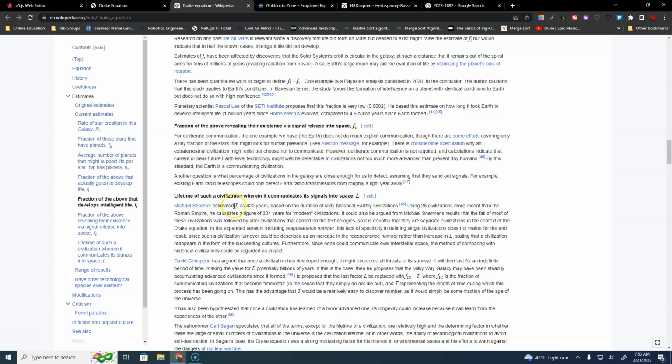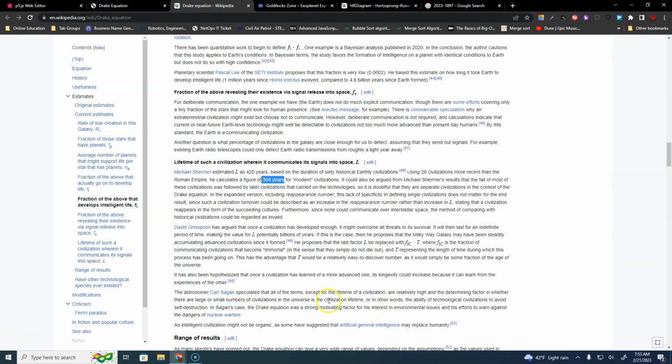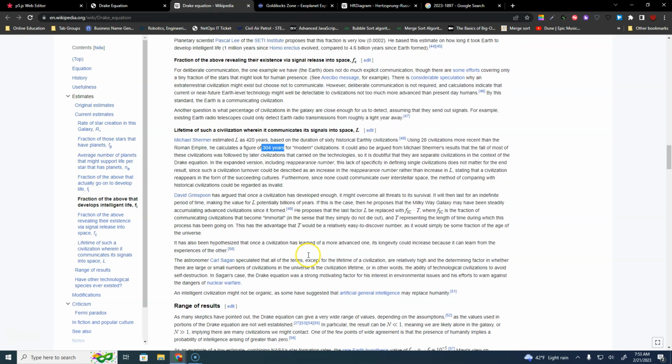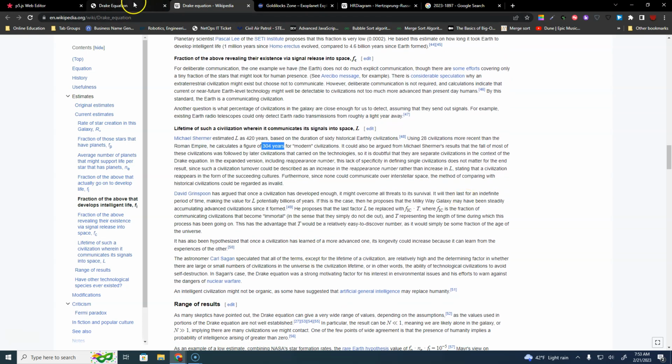Okay, this individual, I don't know who this is, American science writer, he says 420 years, 304 years. And it could be much larger. Let's say that we're estimating that there are civilizations that have been able to communicate and they live 10,000 years. Maybe we are just a young species in this.